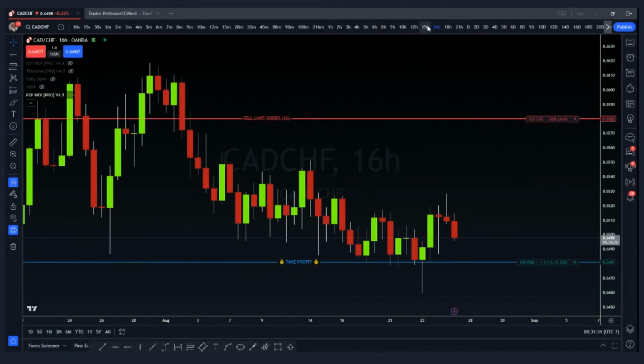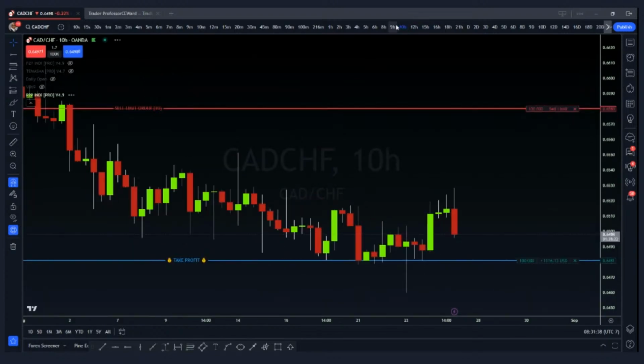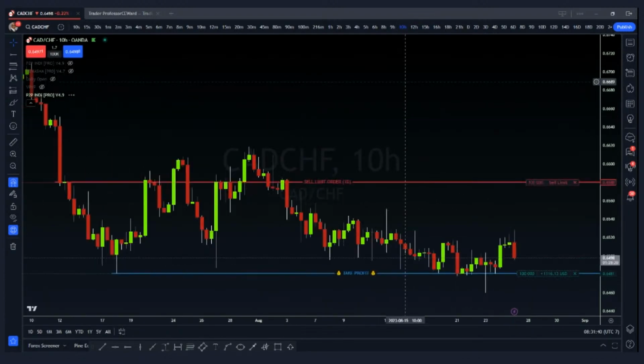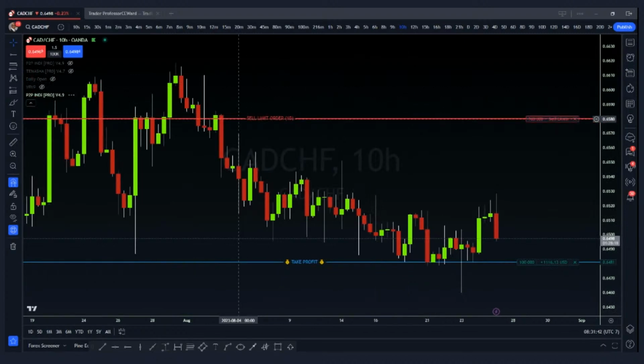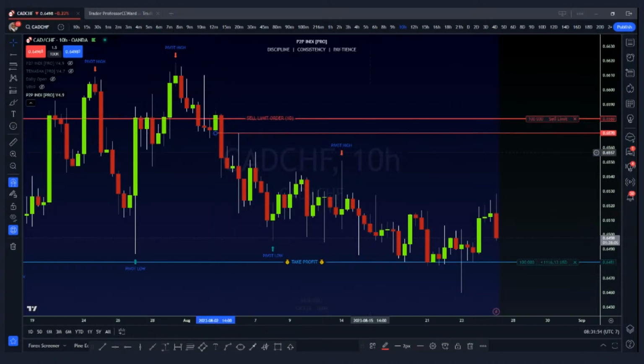Let me see if I can get the actual. Here it is. That's perfect. It's on the 10-hour chart. Here's the zone. This is an immediate retest pointing to that zone here. So this is the beginning right here of the supply zone.